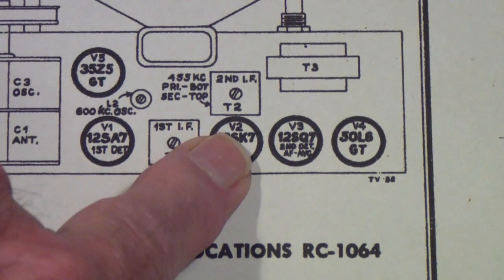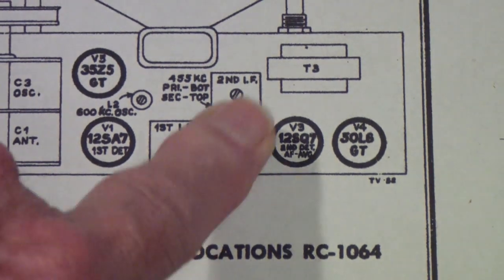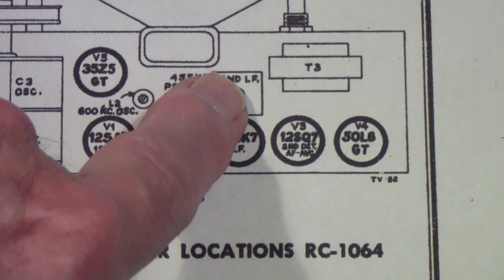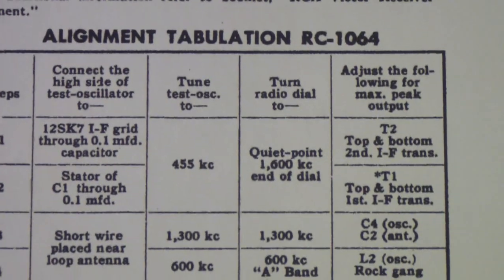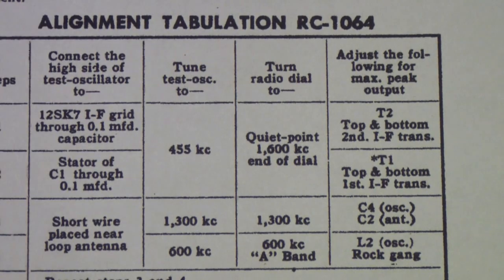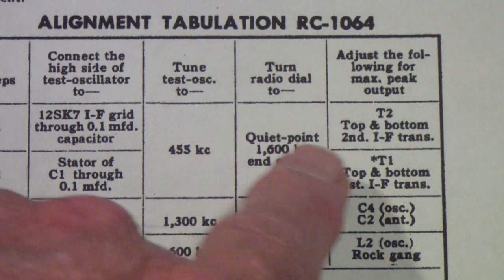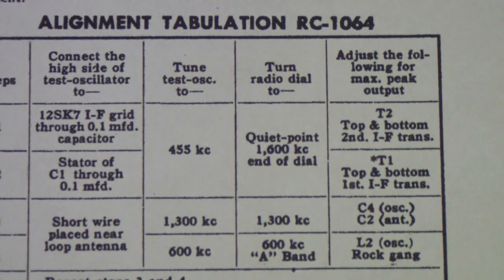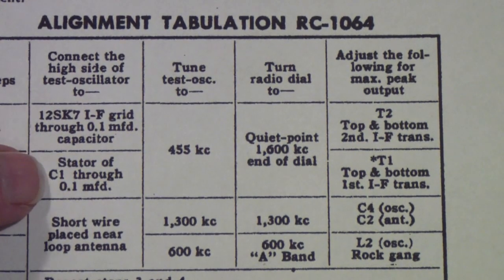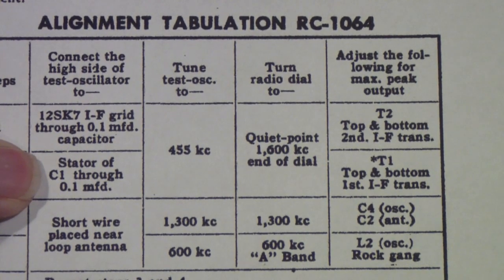So you go to the grid of the 12SK7 and just tune the output, just T2. And that's what they're showing here with this top line T2. However, if T1 and T2 are somewhere close, you can just inject the source at the stator of C1, which is what I did.